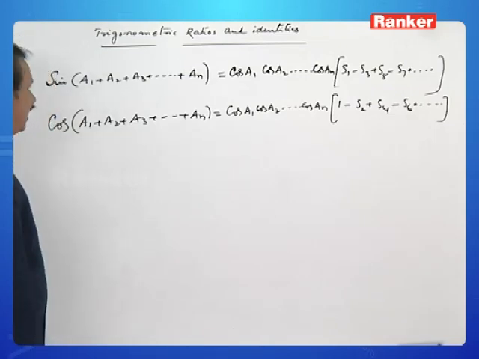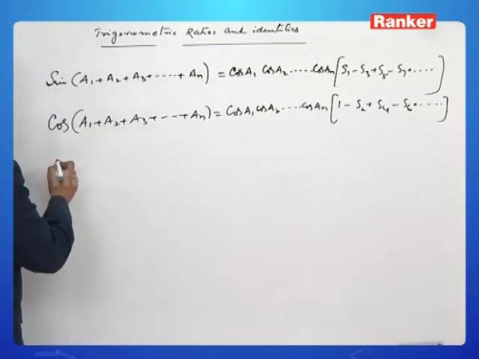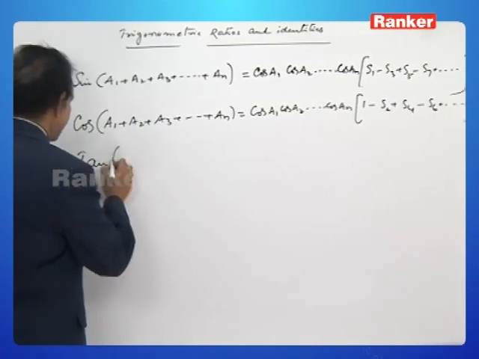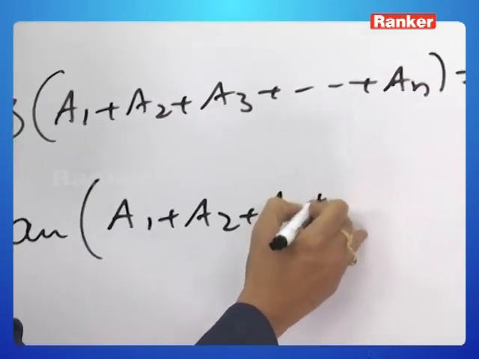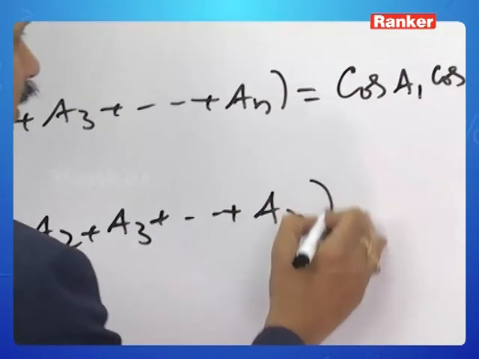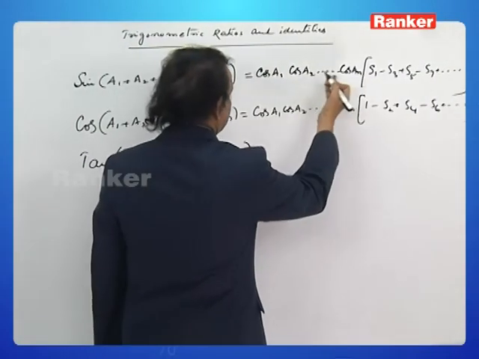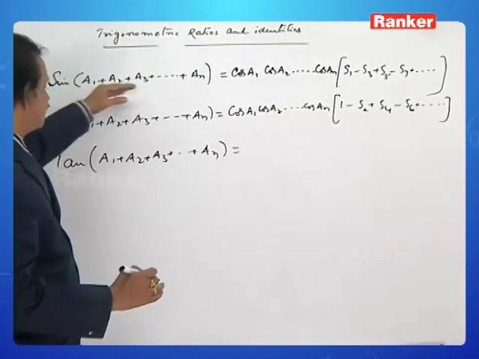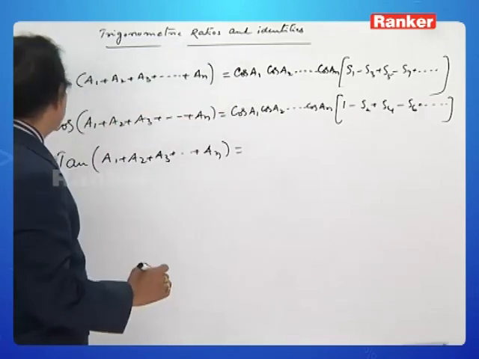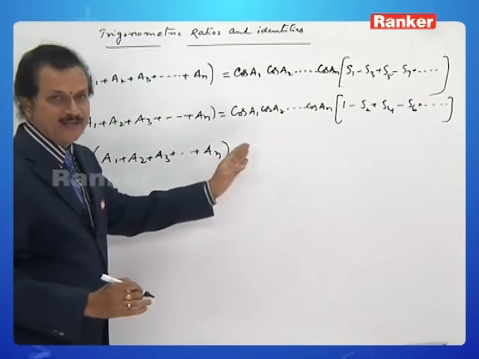Well, my dear, by making use of these two, you will be able to have tan of A1 plus A2 plus A3 plus etc. an is equal to cos A1 into cos A2 into cos an will be cancelled. It is nothing but sine of A1 plus A2 plus A3 plus etc. an by cos of A1 plus A2 plus A3 plus etc. an.